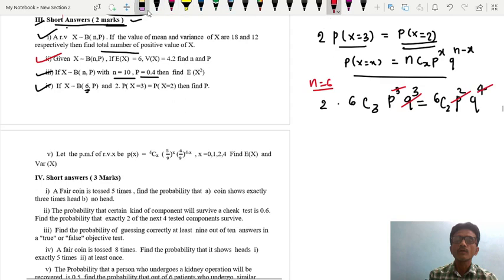Now 2 into 6c3 will write as what, 6 5 4 upon 3 2 1. What is left over here, खाली p बचता है यहाँ पे. Right hand side is 6 5 divided by 2 into 1.